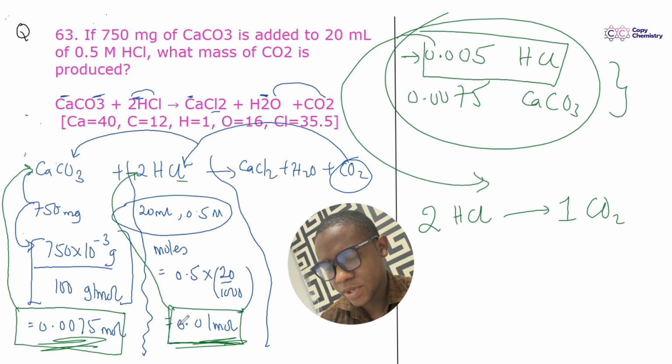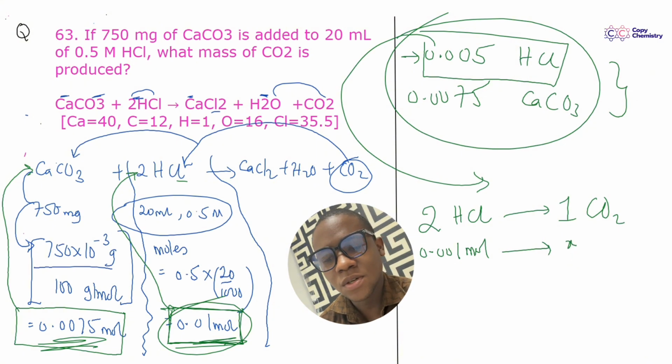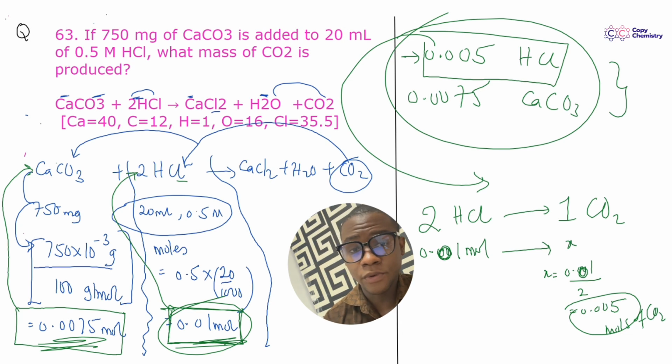Therefore, this 0.01 mole of HCl that I was given in the question would produce the amount of CO2 there. That's just going to be divided by 2, so 0.01 divided by 2 gives us 0.005. That is the number of moles of CO2 that will be formed.